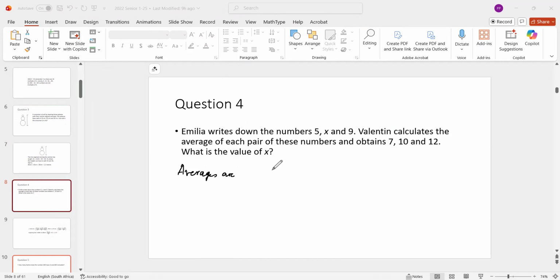To find the average, you add the two and divide by 2. The first and second, first and third, and second and third. The only three pairs. And these averages are equal to 7, 10, and 12.